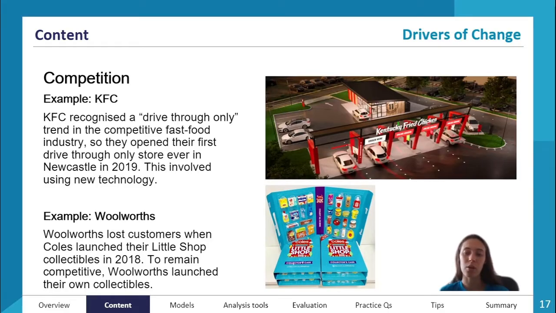So you can see how you can have different values among consumers, and that can result in different things in terms of competition and the way that you choose to strategically respond.